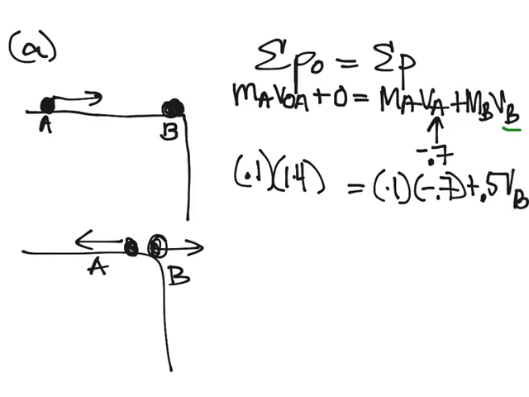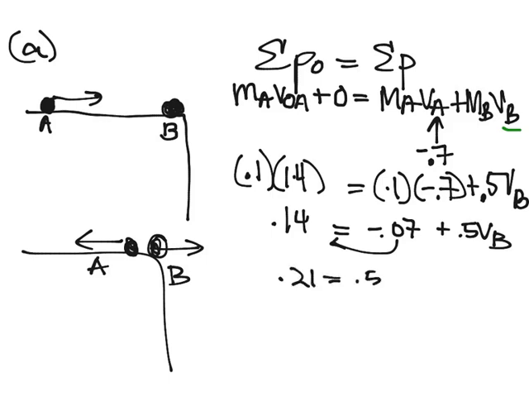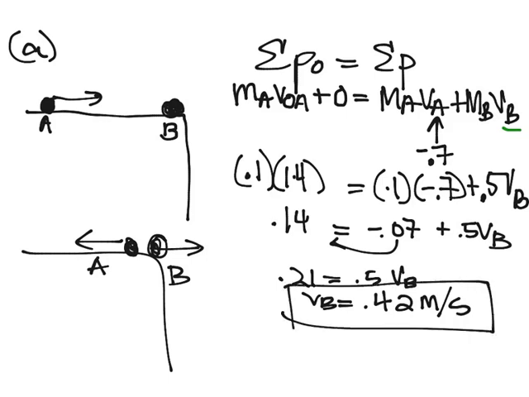Okay, so we get 0.14 is equal to negative 0.07 plus 0.5 VB. Okay, I can bring this to the other side, and I get 0.21 is equal to 0.5 VB, and I find that VB is equal to 0.42 meters per second. Okay, so that was part A.